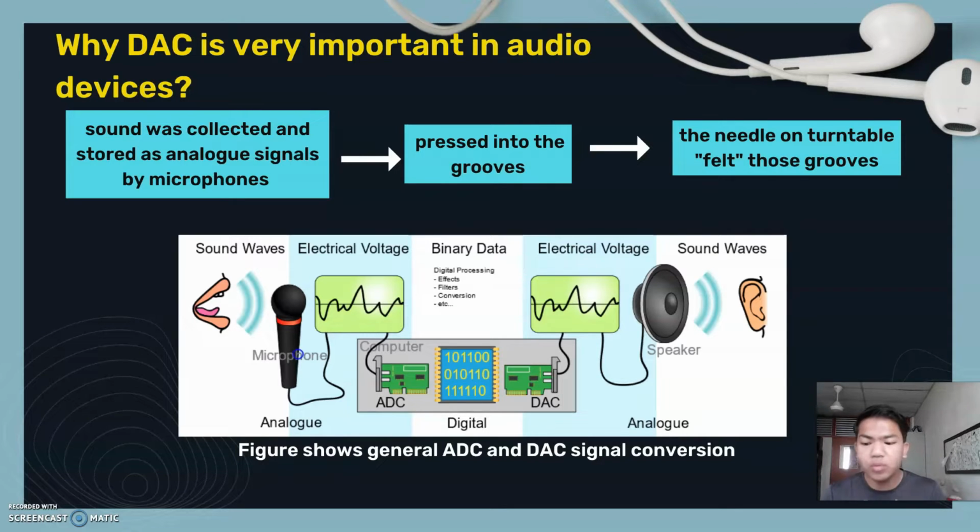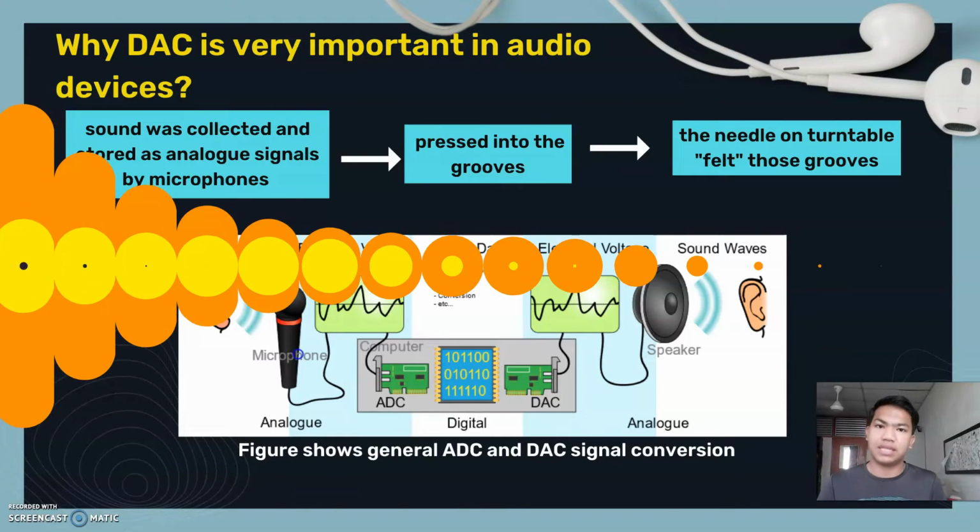But nowadays, people record their voice, which is picked up as an analog signal and converted to digital by an ADC, analog to digital converter. From that, the DAC will decode the digital signal and convert it to an analog signal so that we can hear what the music or the audio is about. That's why the DAC is very important, because without the DAC, we cannot appreciate digital audio portability and simplicity.